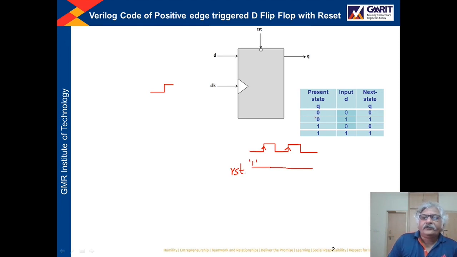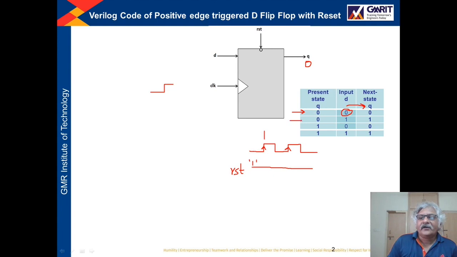So now you just concentrate on the first row. The present state Q is 0. This means right now the value of Q is 0. When this positive edge is detected, at that time the value of D input is 0. So what will be the next state? Simply the D value will be transferred to the Q. So the output will remain the same. It will remain 0. So present state is 0 and next state is also 0 if D input is 0.